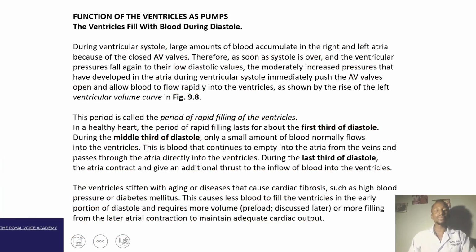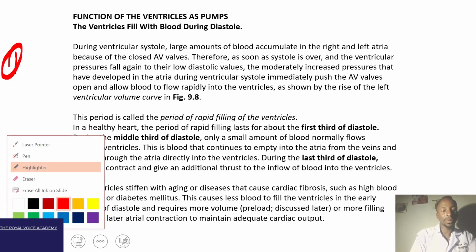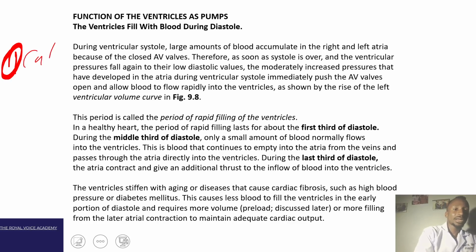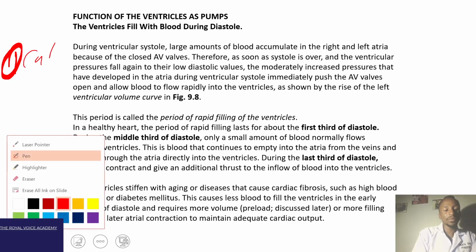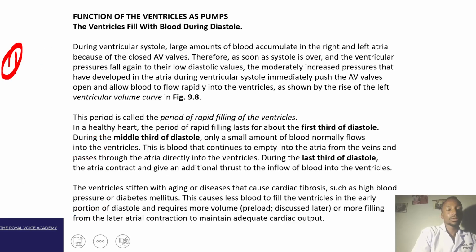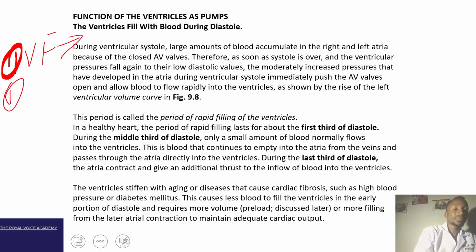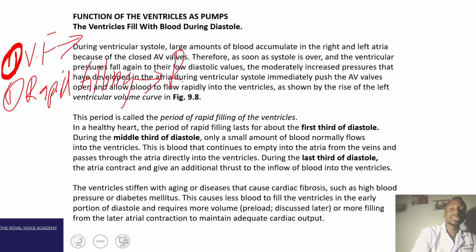In this slide, we're simply saying that, number one, in your ventricular filling, we have three phases. The first phase is rapid filling. And remember, this phase coincides with the reservoir.